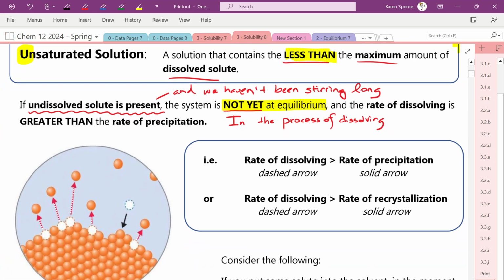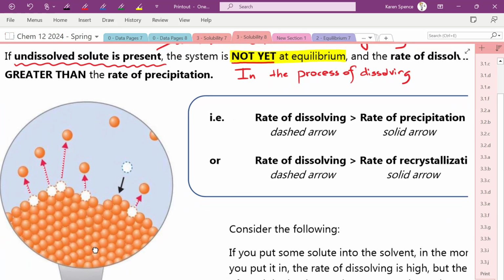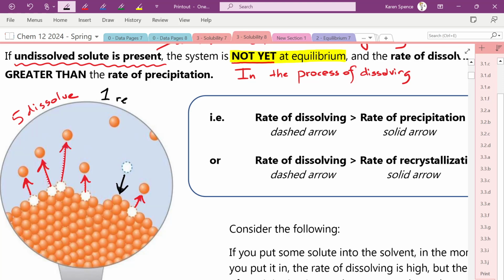And what we've got is we've got some solid, okay? And you can see the red arrows. On your page, I've made them dashed so they look different than the black ones, but I'm going to make these ones red here. So our red arrows show the dissolving. And you can see that there's 1, 2, 3, 4, 5 dissolving, and only 1 recrystallizes.